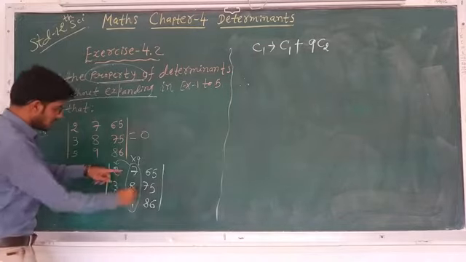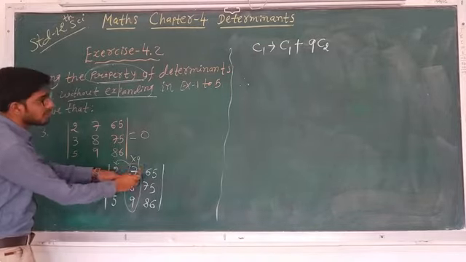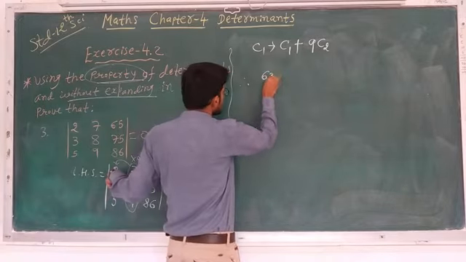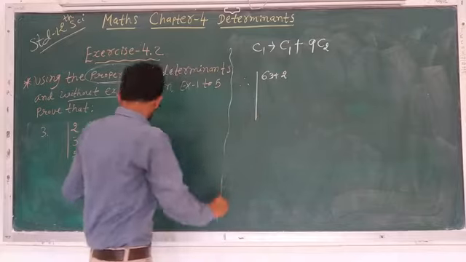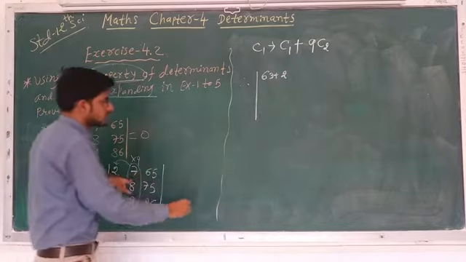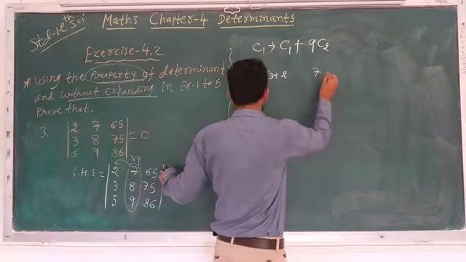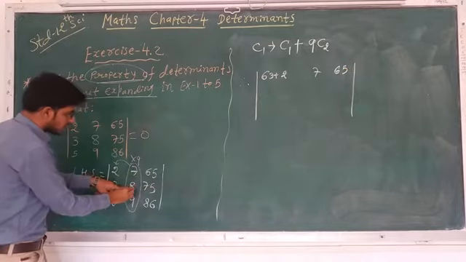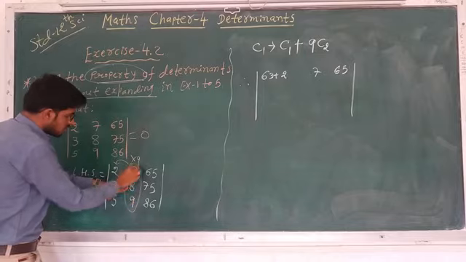So what about the first column? We will multiply by 9. So 9 7s are 63 plus 2. Second and third column as it is, 7 and 65. What about second row? 8 9s are 72 plus 3.